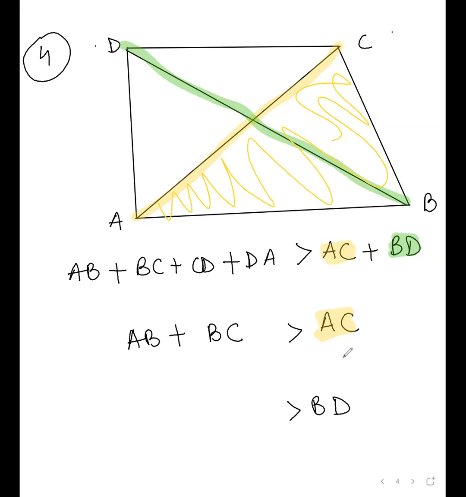Next, for BD, DA plus AC. One sec. DA plus AC. Sorry, which triangle are we talking about? BA plus BA. Just a second.